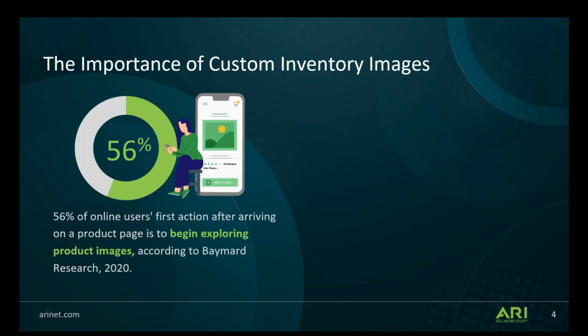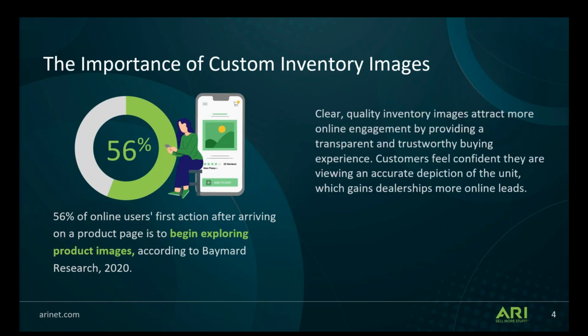All right, so the importance of custom inventory images. 6% of online users' first action after arriving on a product page is to begin exploring the images. Clear, high-quality images are incredibly important. It puts through the general message of a trustworthy seller, and it makes sure that your customers are confident that this is, in fact, a real unit.